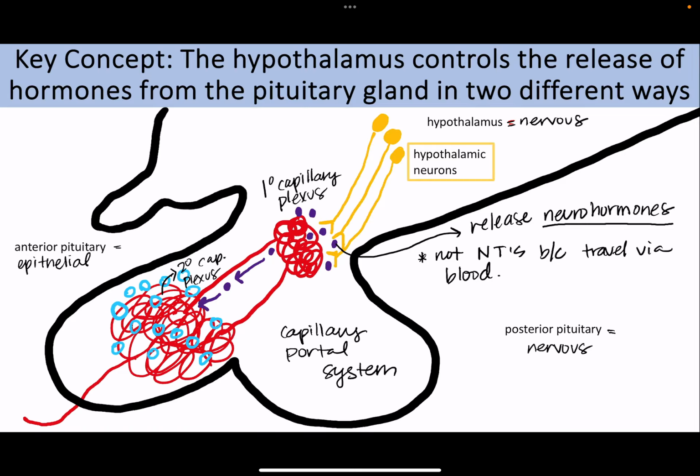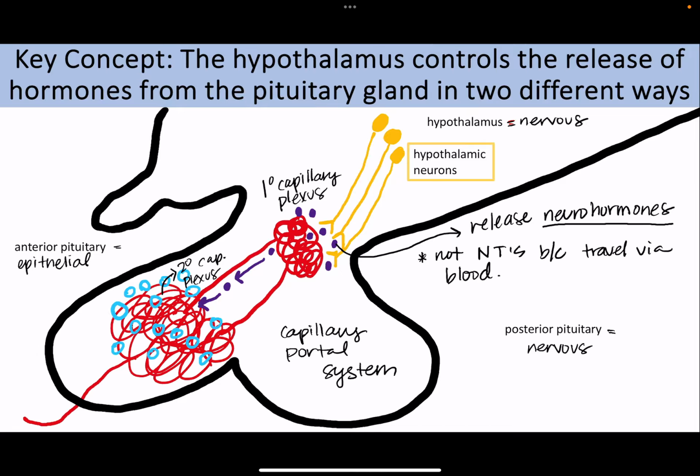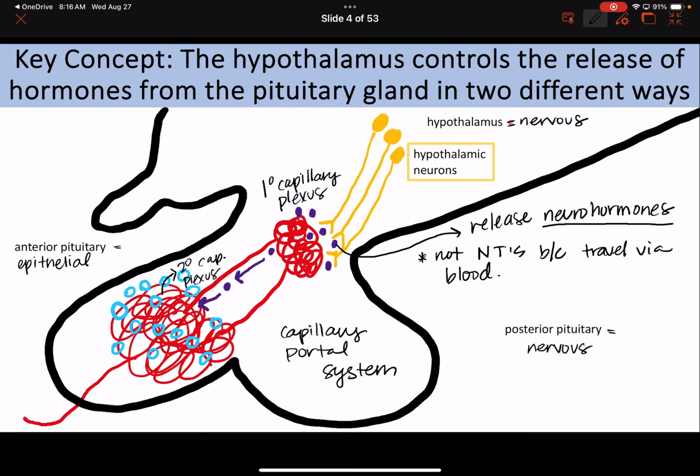And so these blue circles here represent epithelial cells found in the anterior pituitary. Those are the cells that are going to be responsible for releasing their own hormones when this neurohormone binds. So each one of these epithelial cells will have a receptor for these neurohormones to go ahead and bind to.